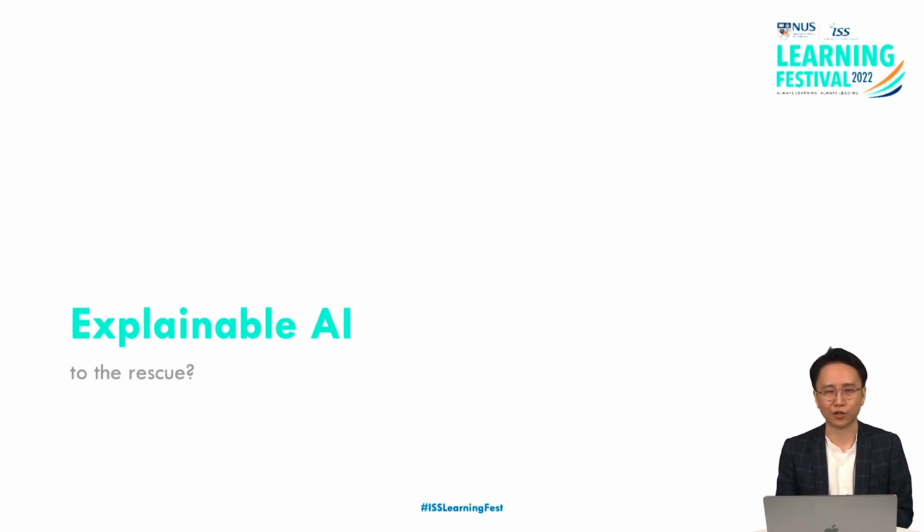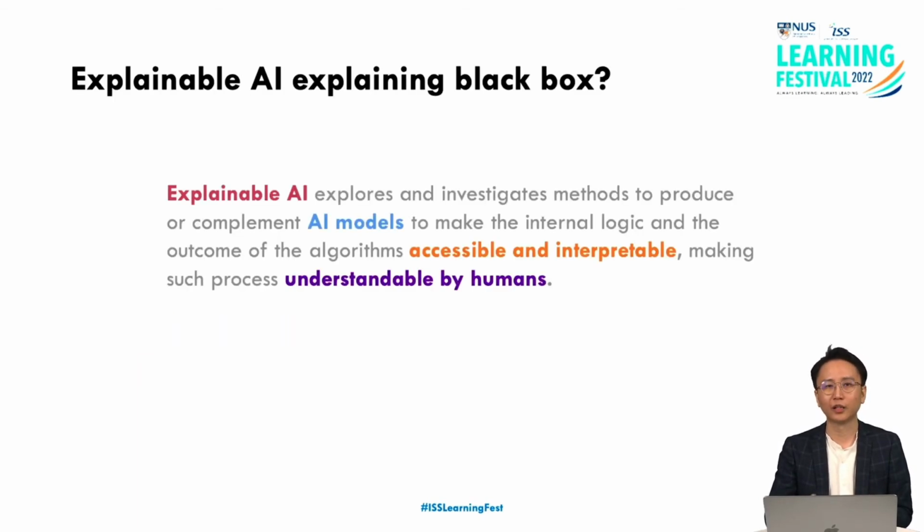In the coming sections, we are going to take a look at three main topics. First is a broad overview of explainable AI. Second, the three main types of explainable AI useful in the domain of health tech. And lastly, the issues with the three main types of explainable AI.